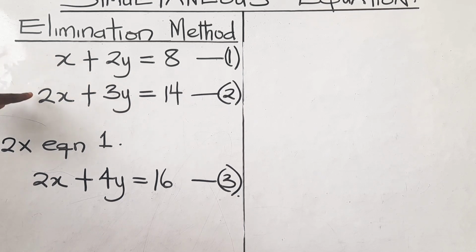Because we want to make it equal to the LCM of 1 and 2, which are the coefficients of x. In our minds, we wish to eliminate x. That's why we are going this way. So we have gotten an equation 3.